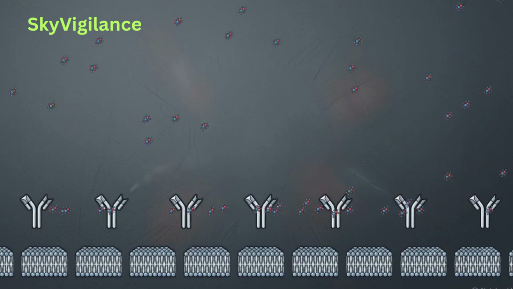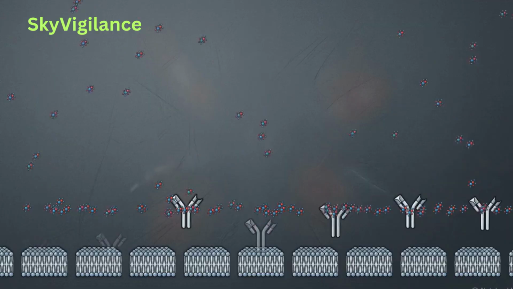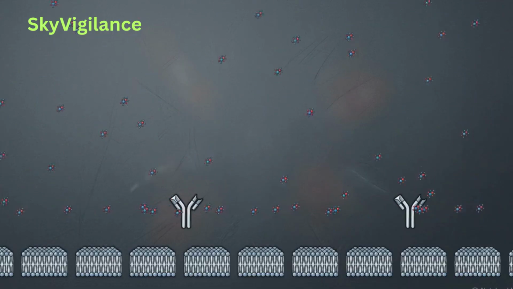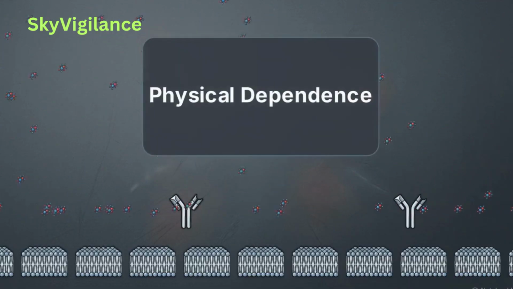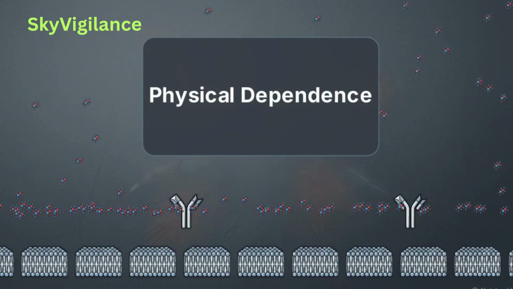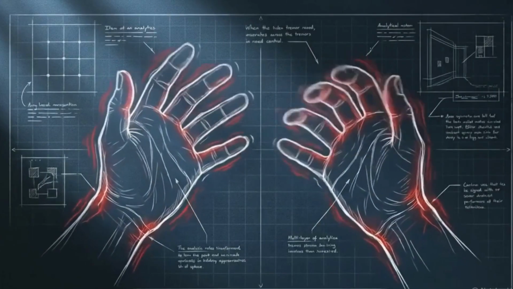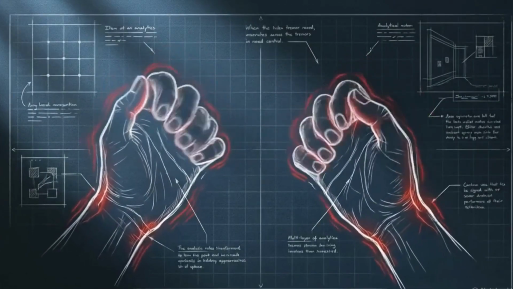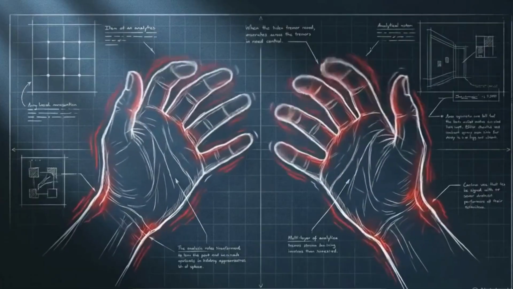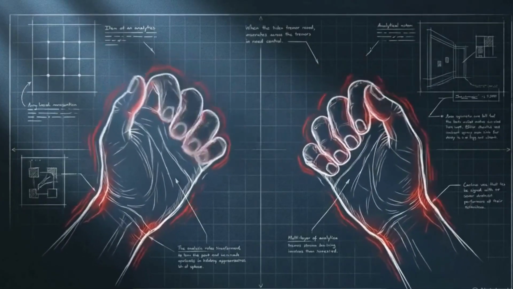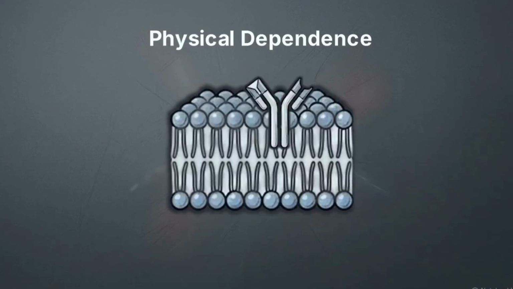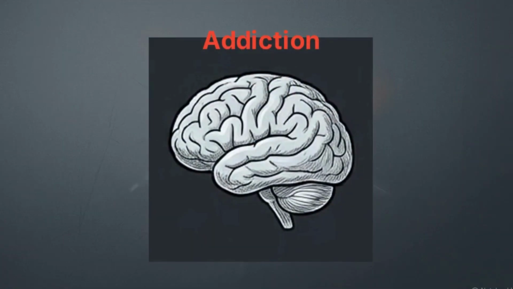As this diagram shows, cell receptors actively downregulate to compensate for the constant presence of drug molecules. This state is physical dependence. When the drug is suddenly removed, those biological compensations are left completely unopposed, triggering a predictable and severe physical withdrawal syndrome.